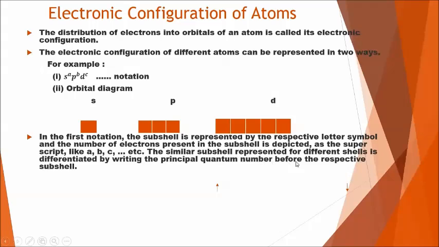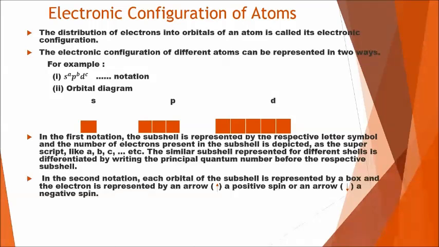The similar subshell represented for different shells is differentiated by writing the principal quantum number before the respective subshell. That means if s is coming again and again, we can't write just s again and again. So there we are writing the principal quantum number to mention the s orbital of different shells.